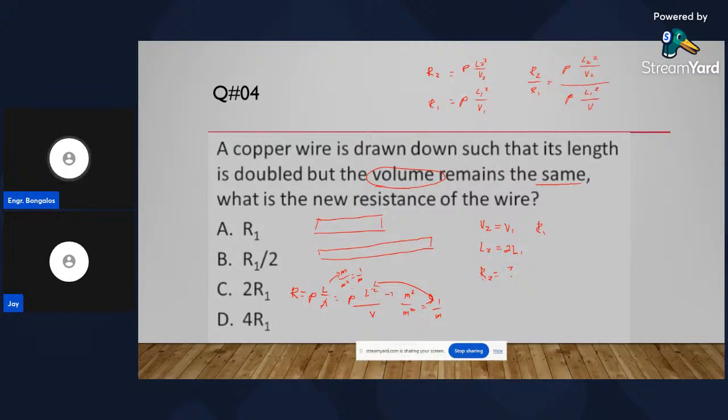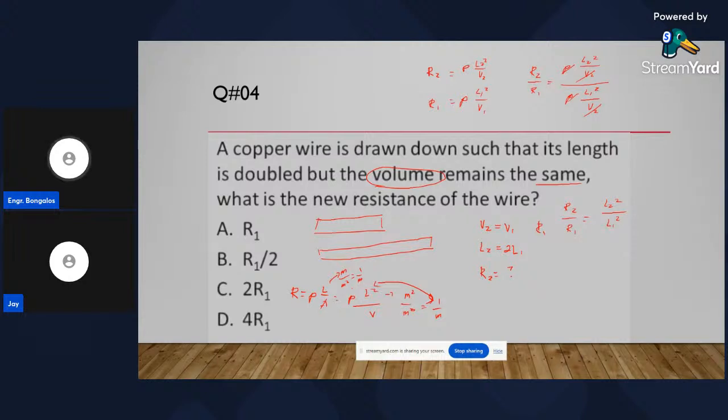Since V1 is equal to V2, puwede ko na pala ilagay dito na V2. Then maka-cancel na 'to. Cancel din yung rho. So, ano yung matitira? Magkakaroon tayo ng R2 over R1 is equal to L2 squared over L1 squared.